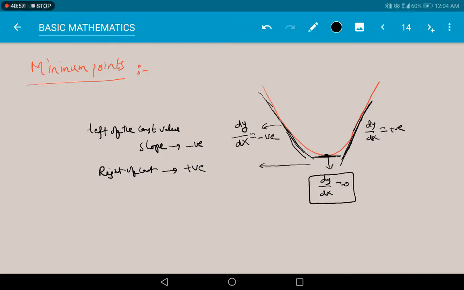That means the derivative of the slope with respect to x is increasing. Am I correct?